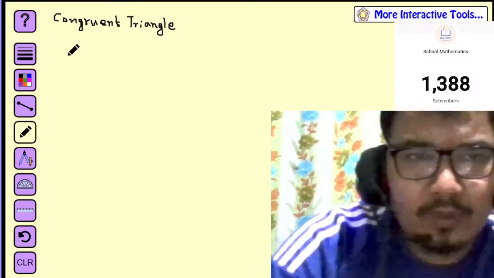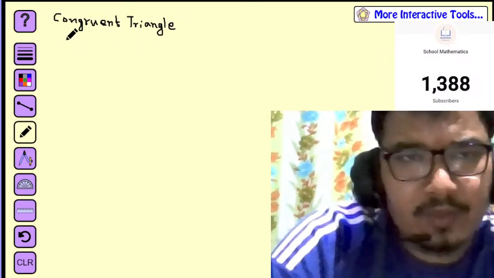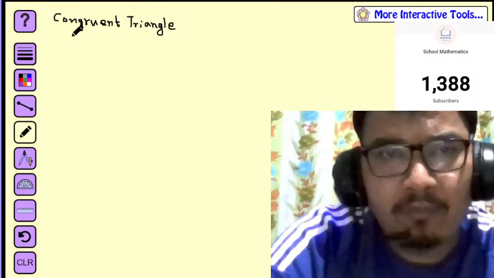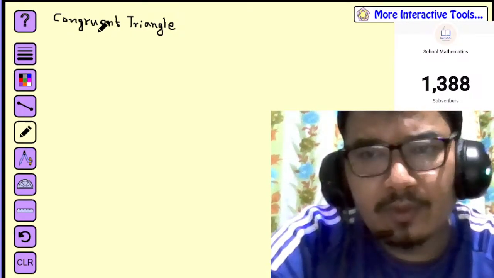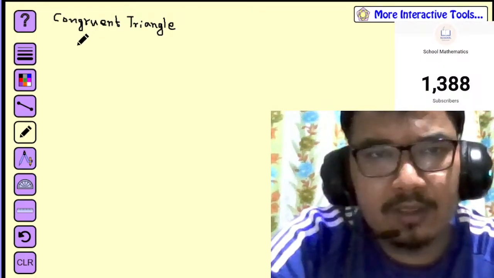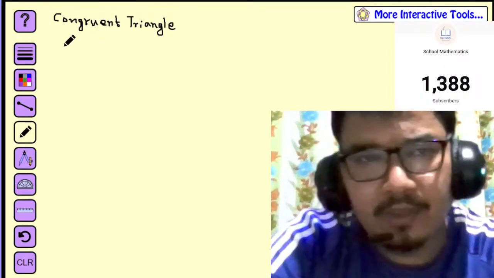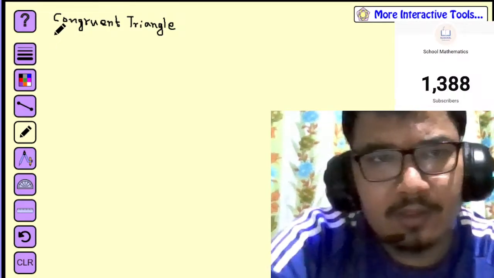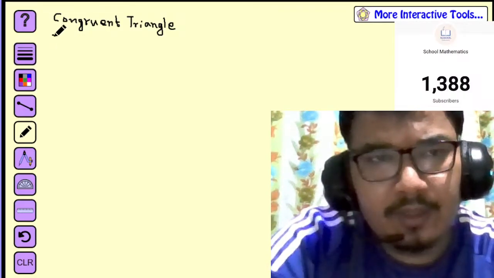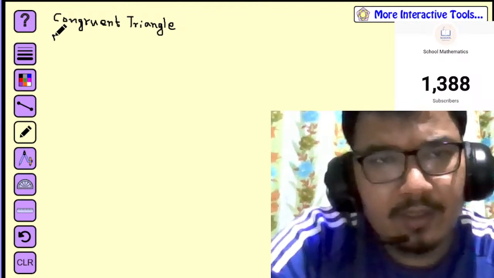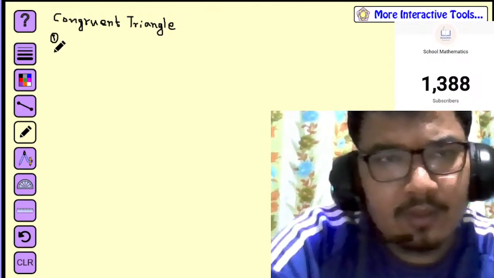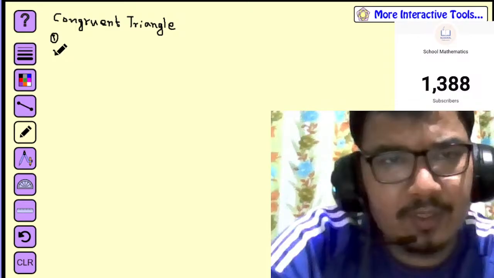Okay, if two triangles have the same shape and size, those two triangles are said to be congruent triangles. To be congruent triangles, they must satisfy these conditions that I want to show you here.